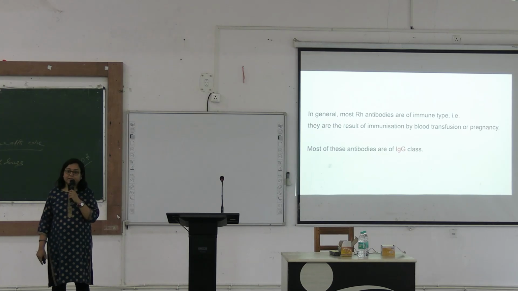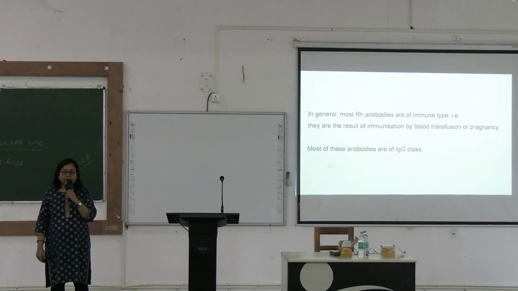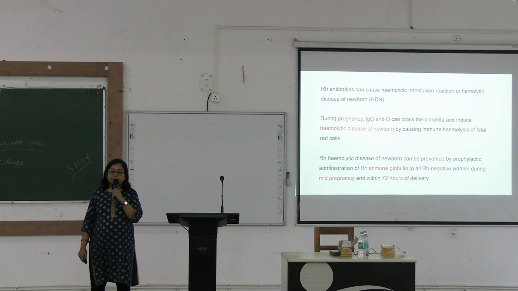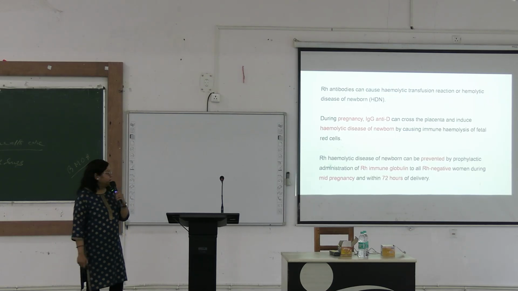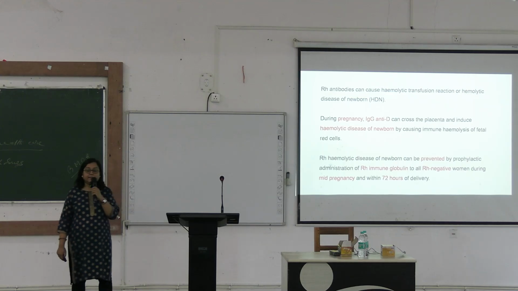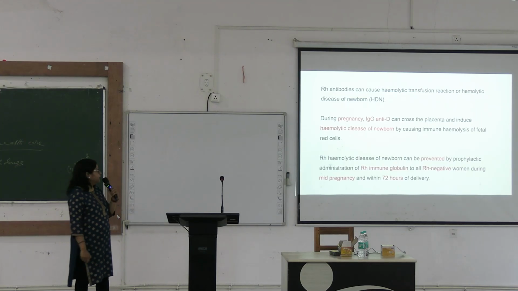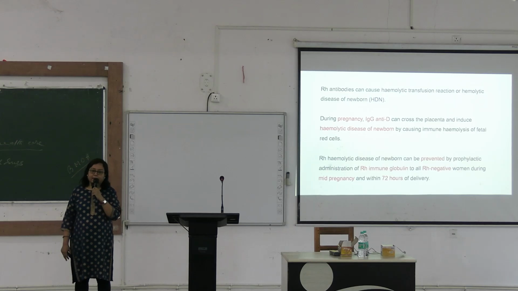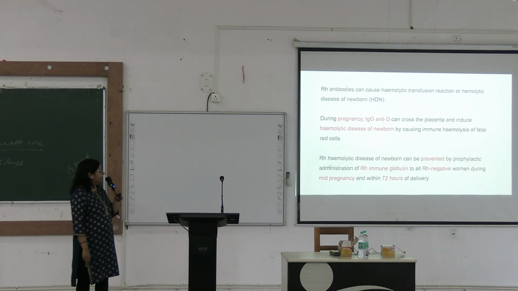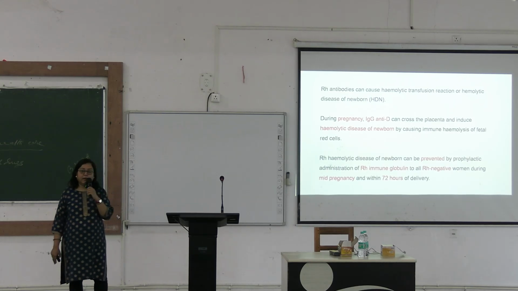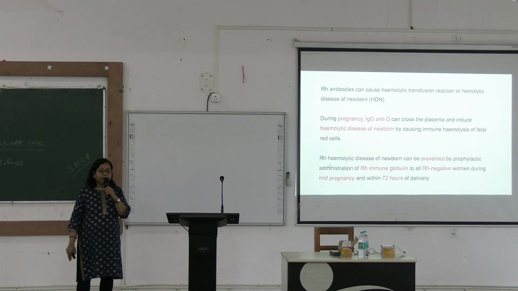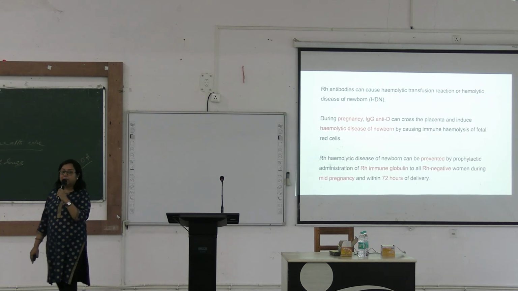And this anti-D antibody is IgG in nature. Rh antibodies can cause hemolytic transfusion reaction or hemolytic disease of newborn. During pregnancy, the IgG, as I said earlier, crosses the placenta and induces hemolytic disease of newborn by causing immune hemolysis of the fetal RBCs.